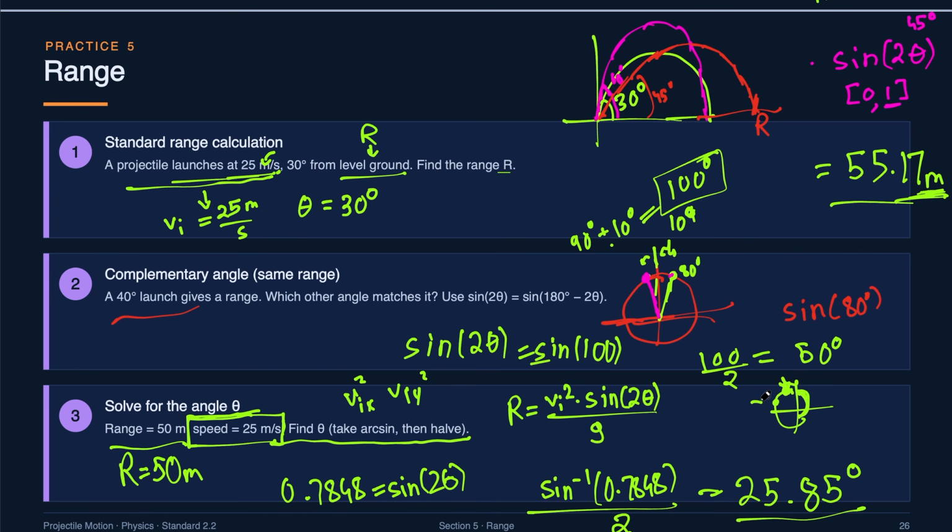Because it has to be over here. It's 180 minus 25.85, which is 154.15 degrees. That's the other angle that could be used. But that's going to send the projectile backward, which is not that often, is what I'm going to say. But this is the main answer. I just wanted to keep that one in mind for other circumstances.